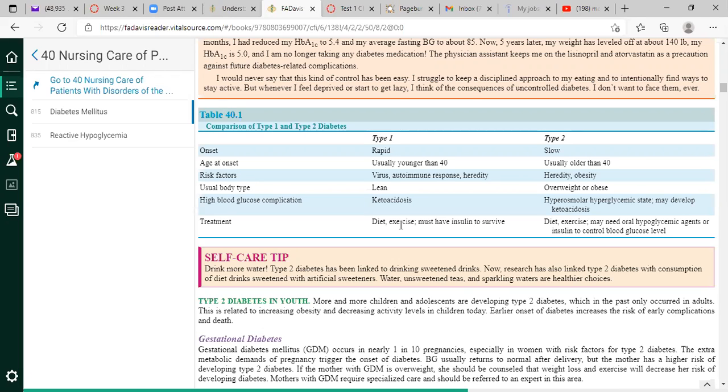The individual will have to know that if they exercise, they want to monitor their blood sugar, because you don't want to exercise and burn off your blood sugar to a point where you become hypoglycemic, where your blood sugar is too low, and now you're experiencing complications of hypoglycemia.